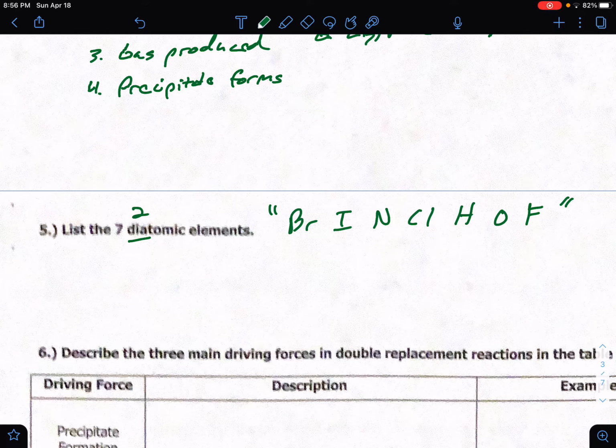If they're bonded with somebody, they don't have to have 2. But if you ever see bromine off by itself in a reaction, it's always Br2. If you ever see hydrogen off by itself in a reaction, it's H2. But when you take hydrogen and bond it with something else, don't think you always have to have 2. It's only when they're alone. They have to be in pairs.